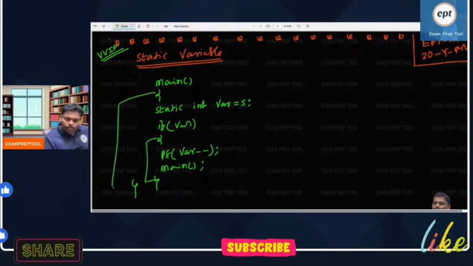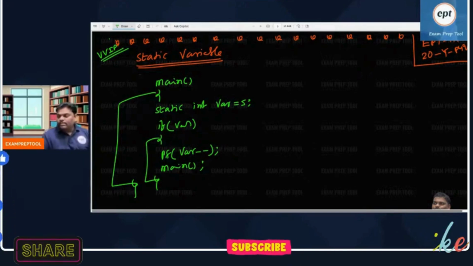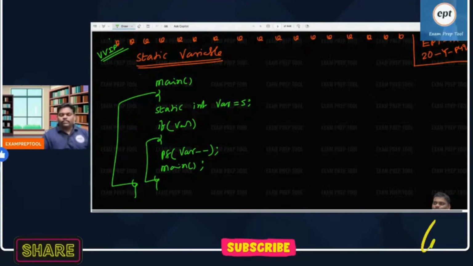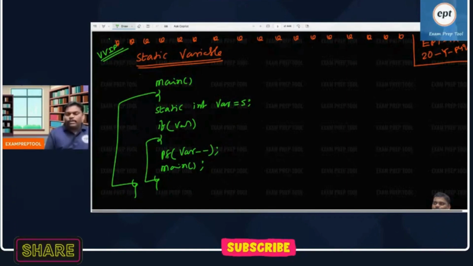What is the output of this program? If you know, you can give the answer. Try this problem for a few minutes. If you can give the answer, well and good. Otherwise, I will give the answer.